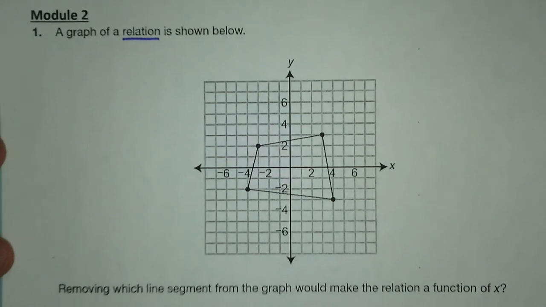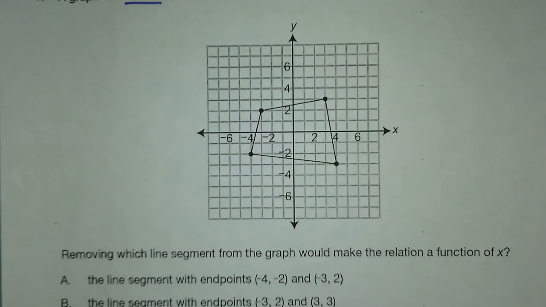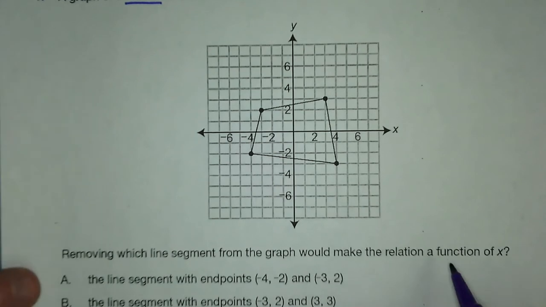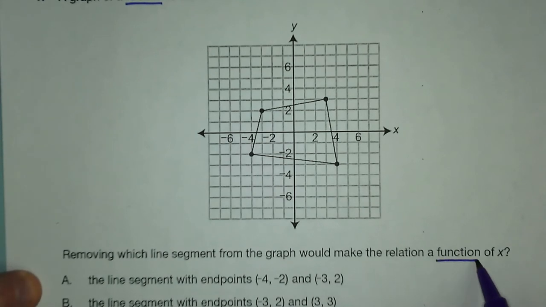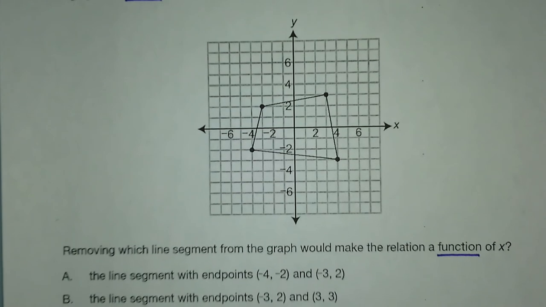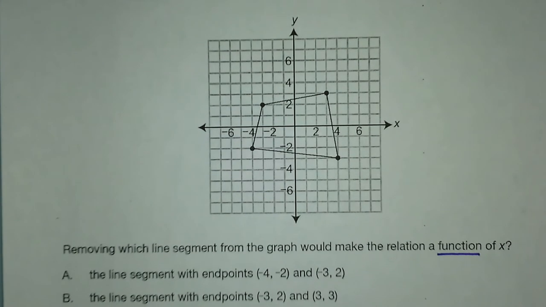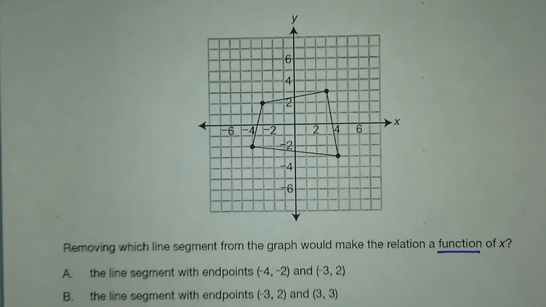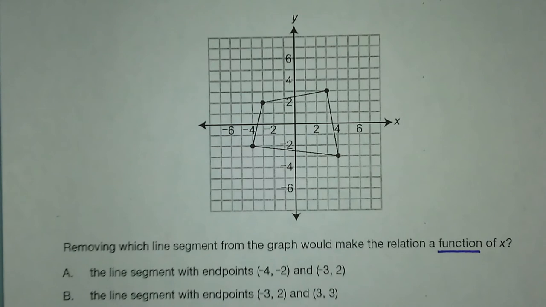So there's a graph, and the question says, removing which line segment from the graph would make the relation a function of x? Function is another very specific vocabulary word, a little bit more important and more noteworthy, I would say. What is a function?